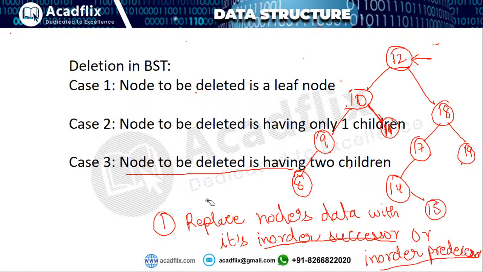Okay, so I was at this particular point, that in case the node to be deleted is having 2 children, then what will I do?